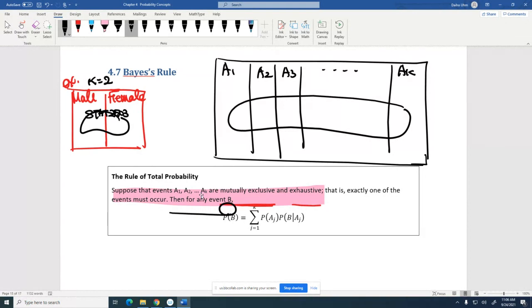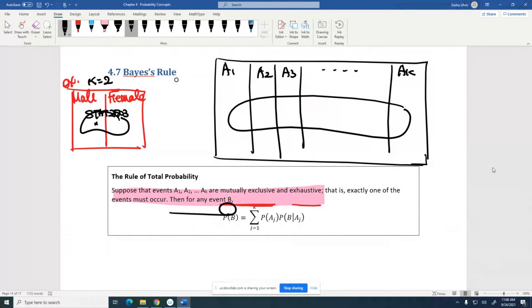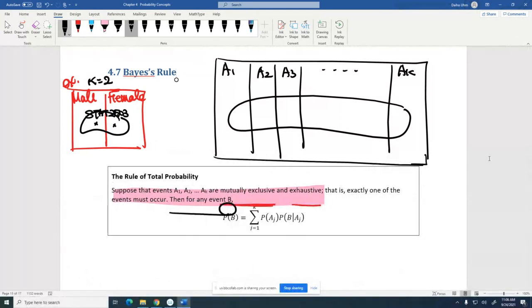So if you are taking statistics and male, then you are here. And if you are taking statistics and female, then you are here. If you have any male friends who didn't take statistics yet, they are here.